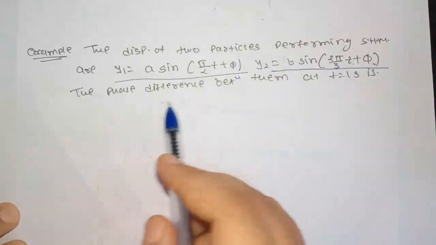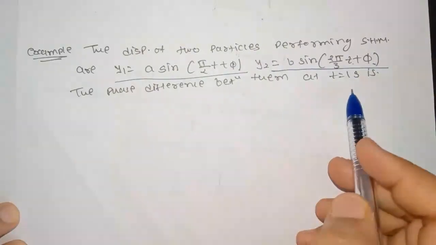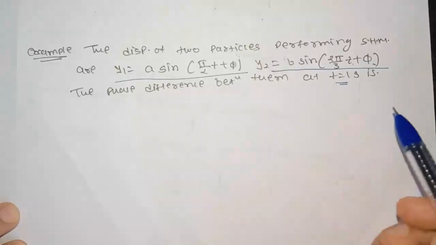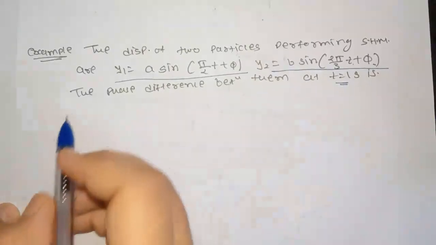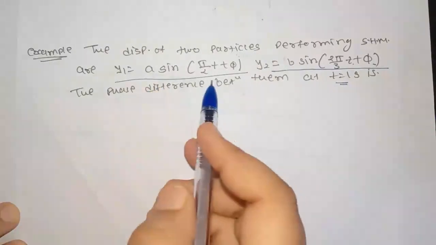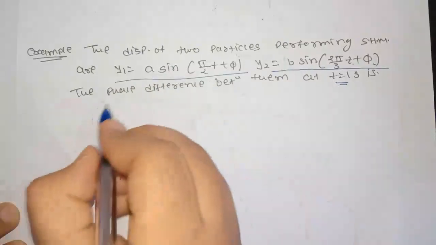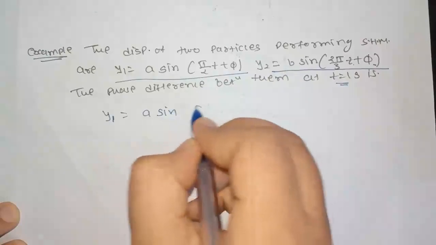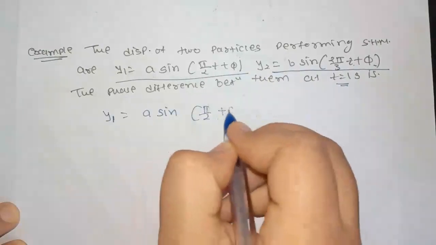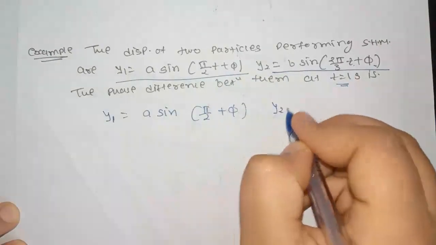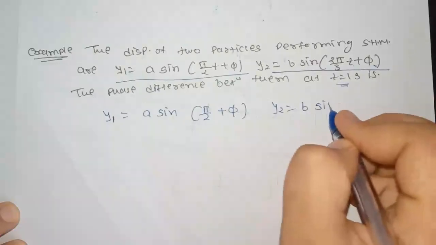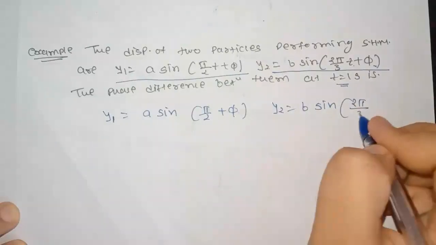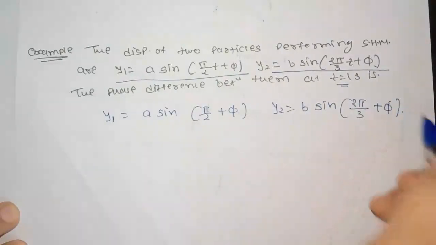We want to find the phase difference between them at t is equal to 1 second. So first let us write the equation of position at t is equal to 1 second. So y1 will be A sine of (pi by 2 plus phi) and y2 will be equal to B sine of (2 pi by 3 plus phi).